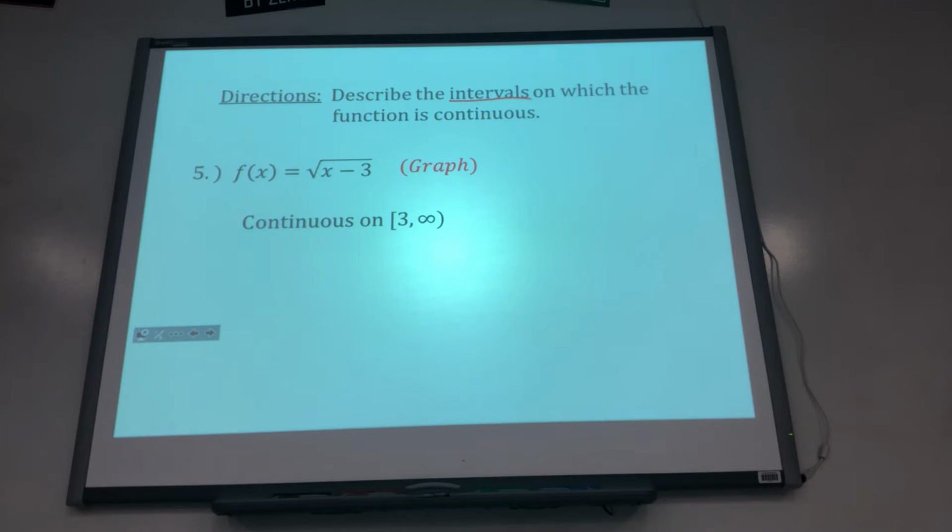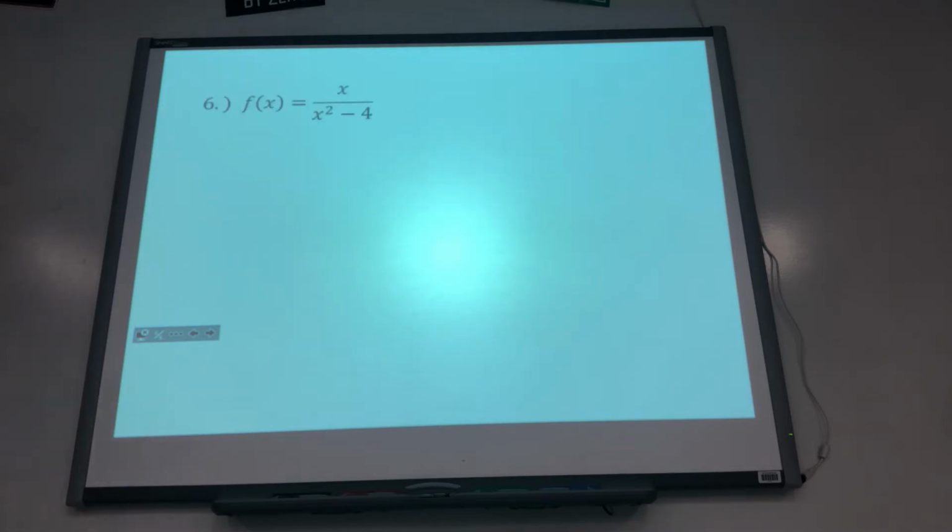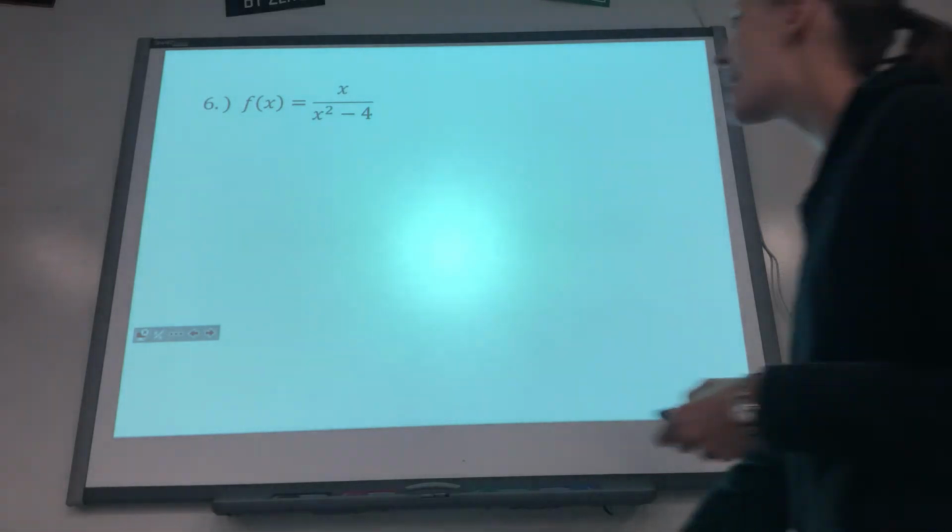Okie doke. Kind of the same thing going on with each one today. Let's go ahead and finish with number 6. Pretty short lesson. F of x equals x over x squared minus 4. Just by looking at the function, what x's should we be concerned about?